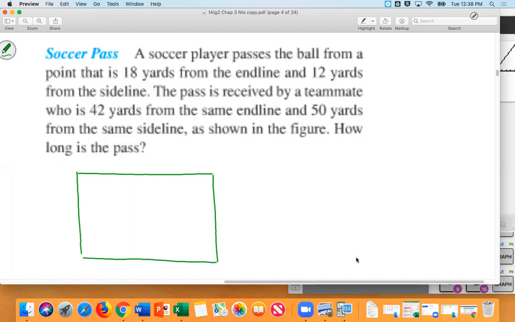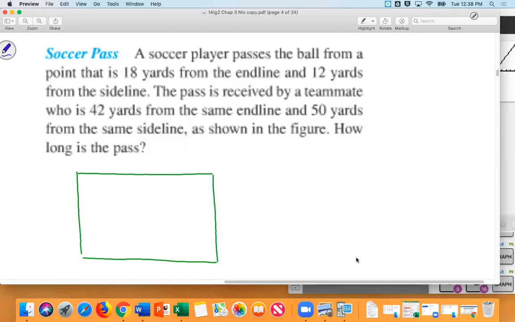So I have a soccer pitch, and you're going to want to make it a little bigger than that, Jake. It says, a soccer player passes the ball from a point that is 18 yards from the end line. We're going to say this is the end line here, 18 yards. Which side do you want? Left side.